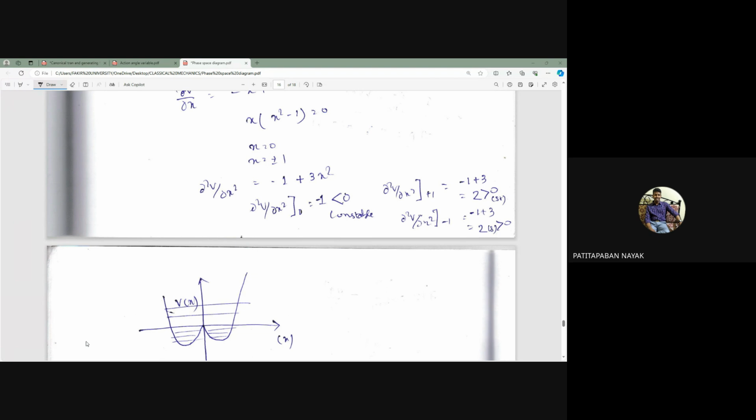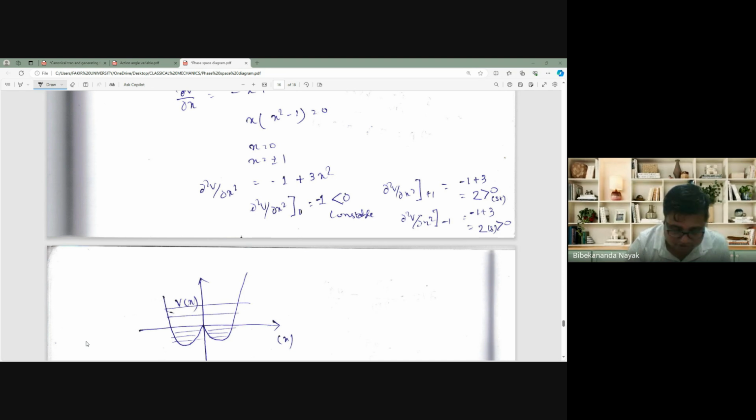Unit 3 has the Hamiltonian for a relativistic particle, which we will discuss in the next class. Liouville's theorem we will also discuss next class. We only discussed phase space for a system with 1 degree of freedom, phase flow. All are 1 degree of freedom because of one coordinate x, whether it is a simple harmonic oscillator or a simple pendulum.